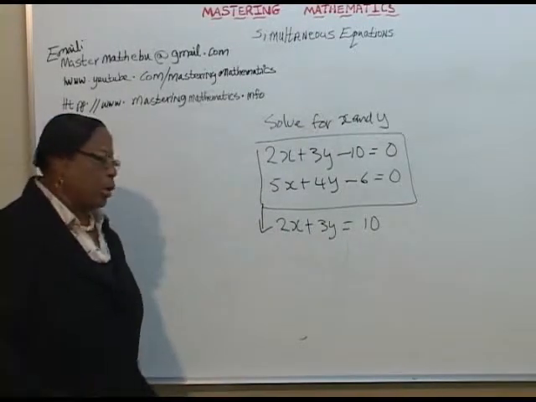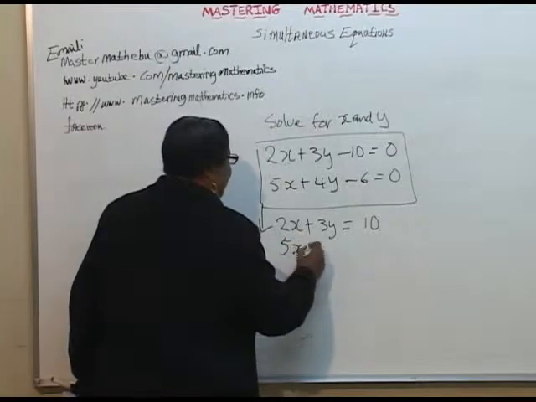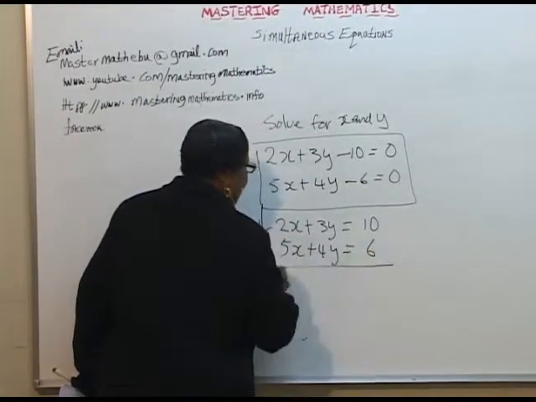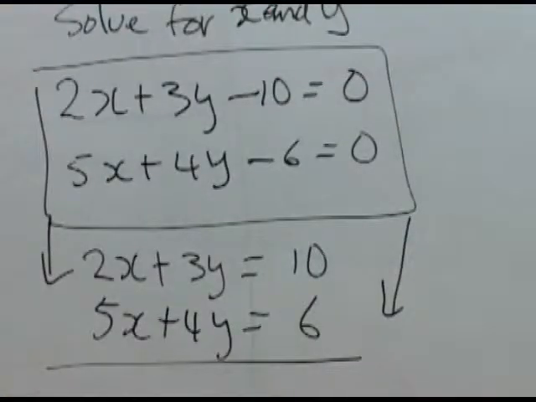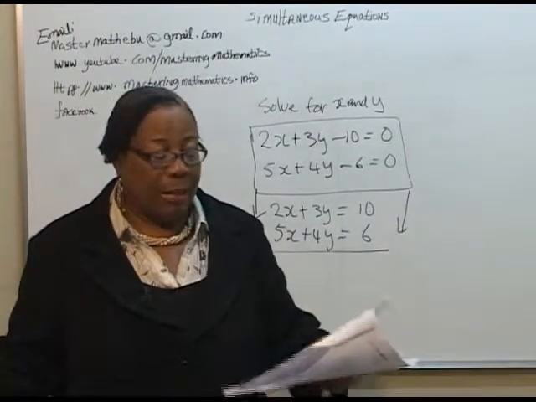That is what you're accustomed to. Then it is 5x plus 4y is equal to 6. So please get accustomed to a different form where you can get the numbers all put on one side, but just transform it to what you're accustomed to. Okay? By now, I know you would have known how to work that simultaneous equation.